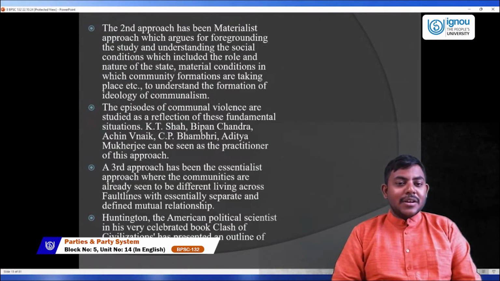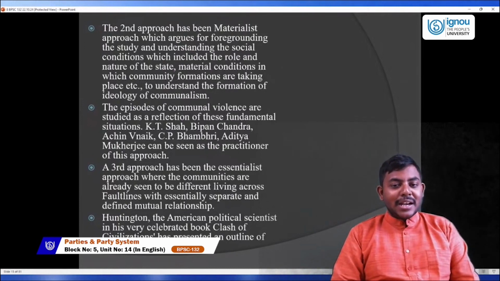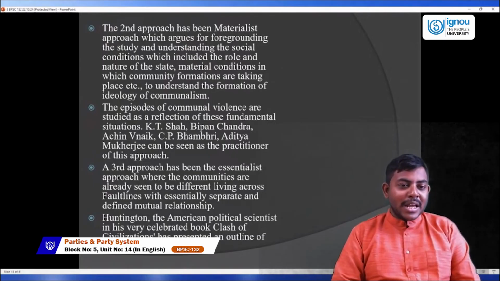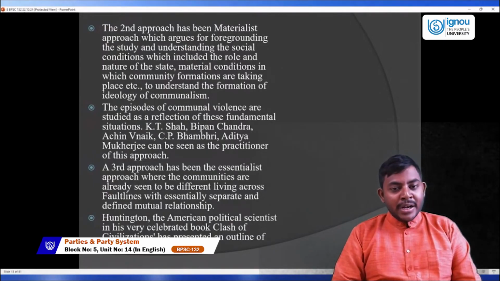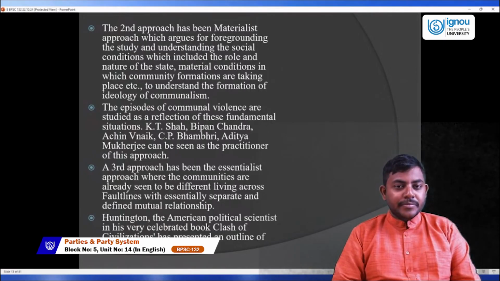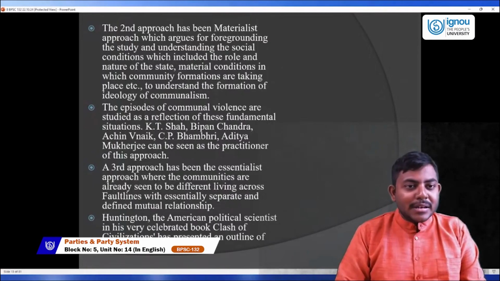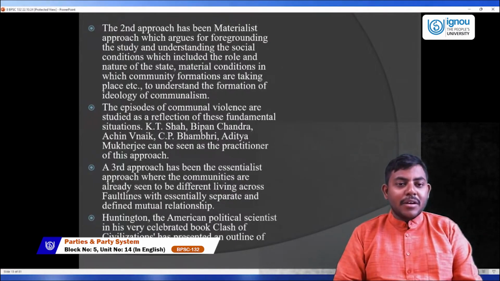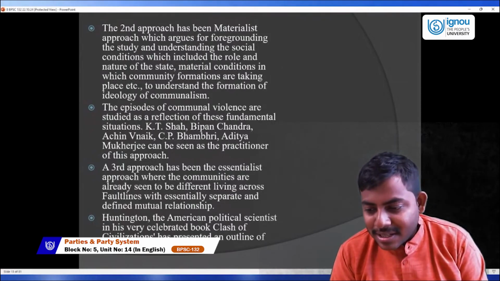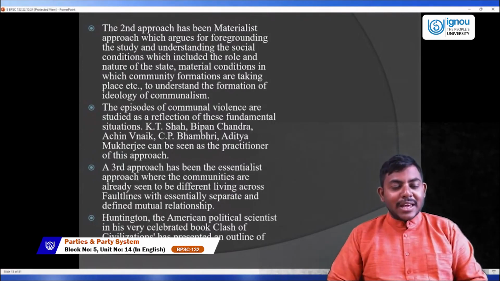social conditions, which include the role and nature of the state and the material conditions in which community formations are taking place, to understand the formation of the ideology of communalism. So this is the materialist approach, the second approach, which argues for foregrounding the study and understanding of the social conditions, which include the role and nature of the state and the material conditions in which community formations are taking place, to understand the formation of the ideology of communalism.